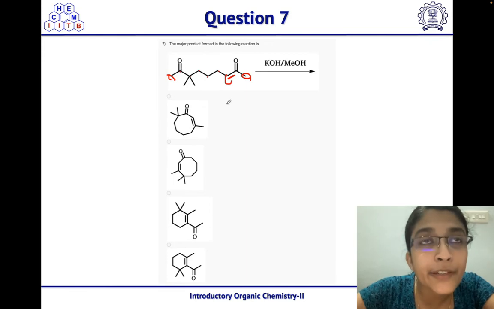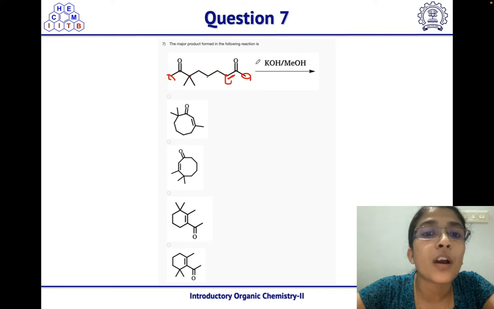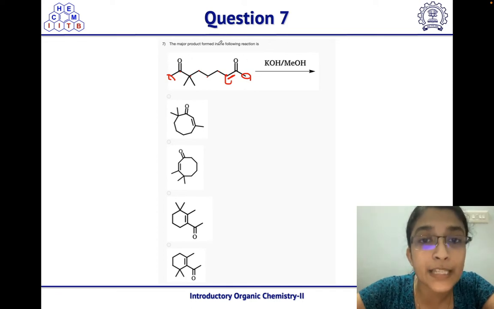Here a 6-membered ring is formed. So compared to formation of an 8-membered ring, the formation of the 6-membered ring is more favored. So the 6-membered ring will be formed as the major product here. We will see the mechanism for that. I hope it is clear why these two other possibilities are ruled out.